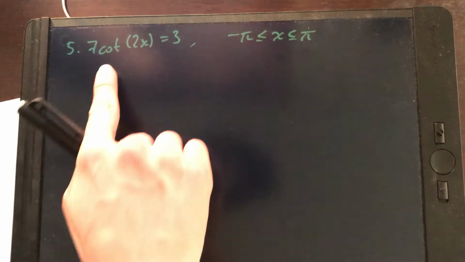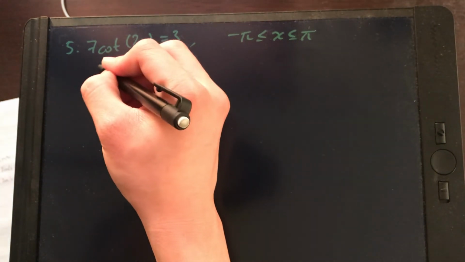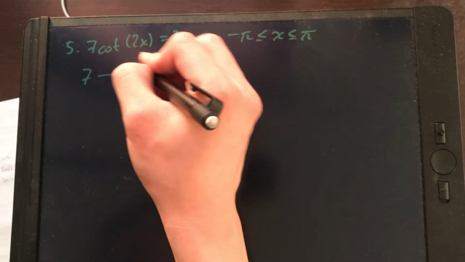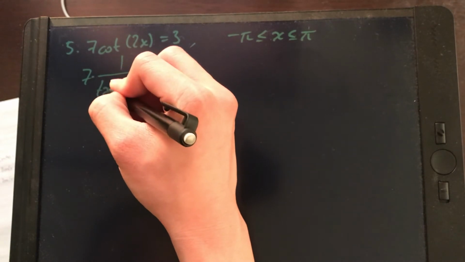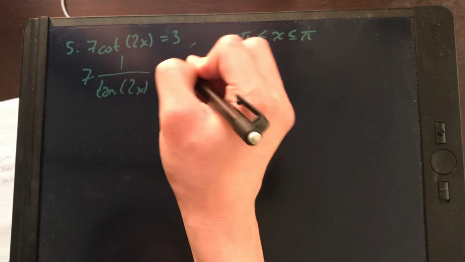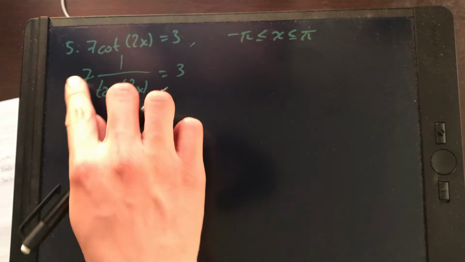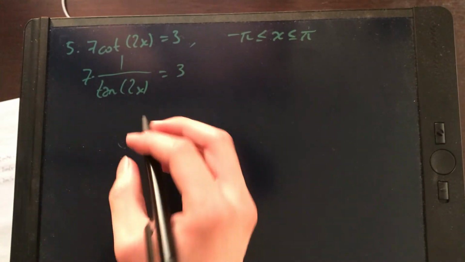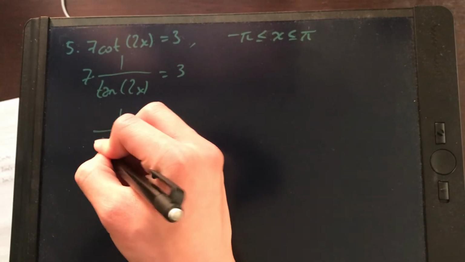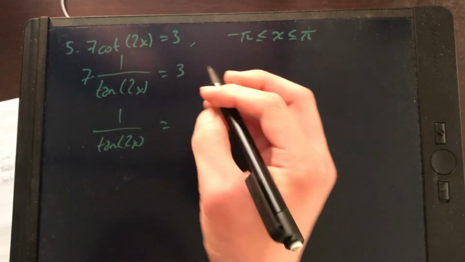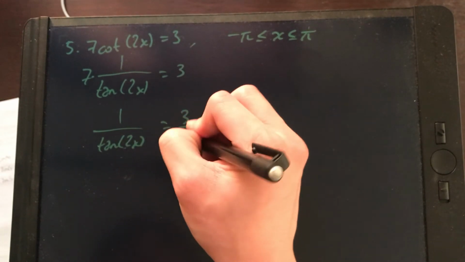So once again, I'm going to rewrite this using tangent. So now I have 7, and I have 1 over tangent 2x is equal to 3. Well, I can bring 7 to the other side, and I have 1 over tangent 2x equals 3 over 7.